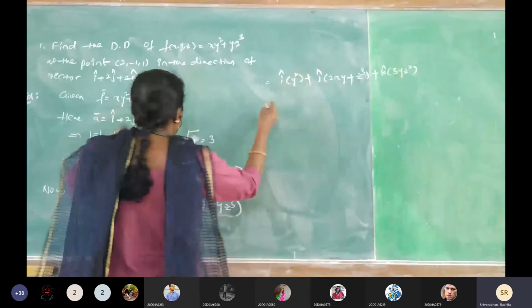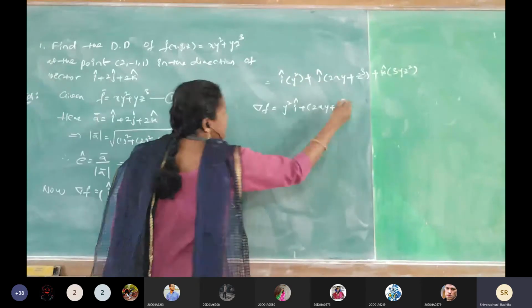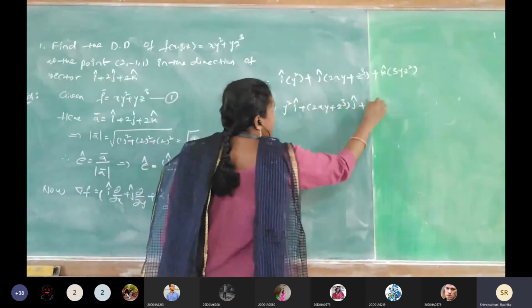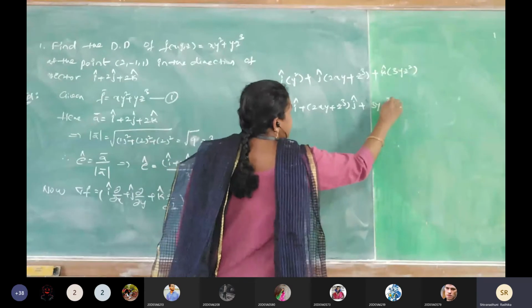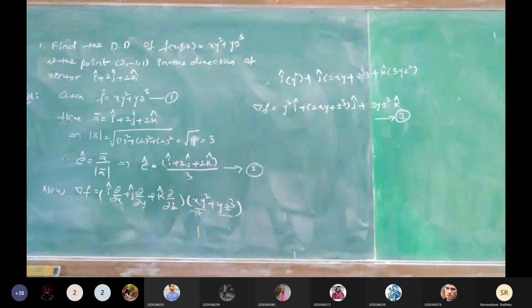Clear? Now, del f. Once again, I am going to write here: y² i + (2xy + z³) j + 3yz² k. So this is equation number 3. Del f completed. Is it right?